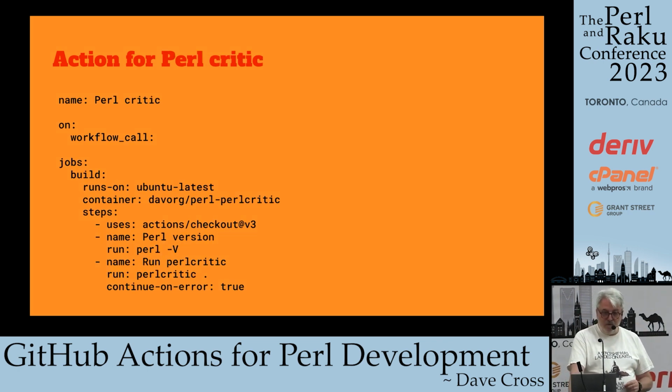And here's an action for Perl critic. Again, it's running on a container that I've written specifically. And one other slight complication here, I'm running Perl critic, but obviously you've run Perl critic against some of your code, and if Perl critic finds anything it objects to in your code, it thinks that is a failure, so it returns a failure.